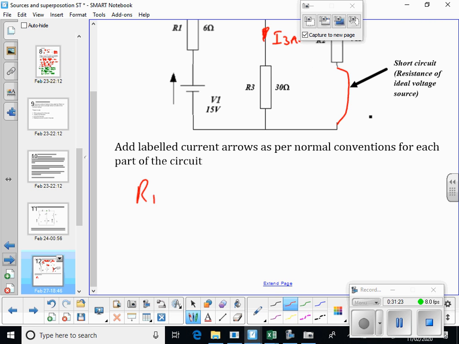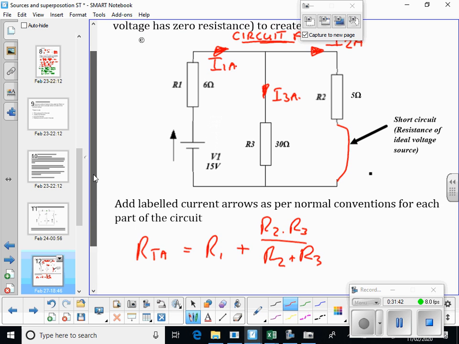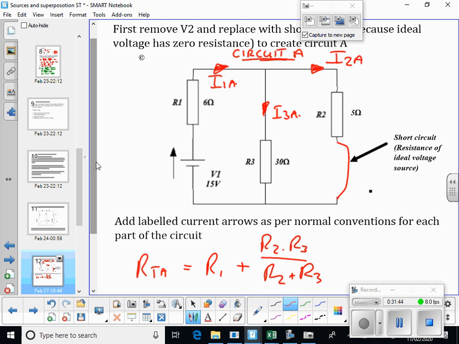So RT, the total resistance for circuit A, is R1 in series with R2 and R3 in parallel. This is like the circuit you've been working with, except the resistors are drawn a slightly different way round.